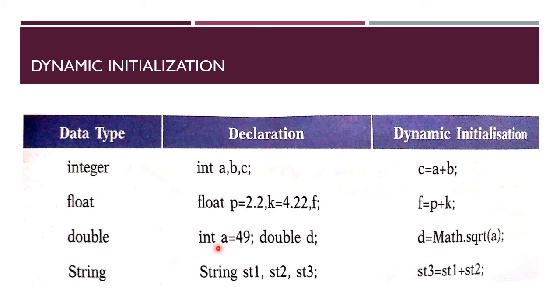And here int a is equal to 49, double d. D is equal to Math dot square root of a. Here a mathematical operation is performed on the value of a and the result is stored in the double type variable d. So these are all dynamic initialization of a variable.